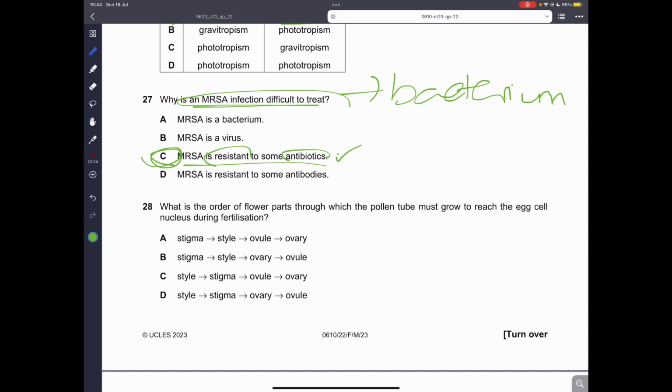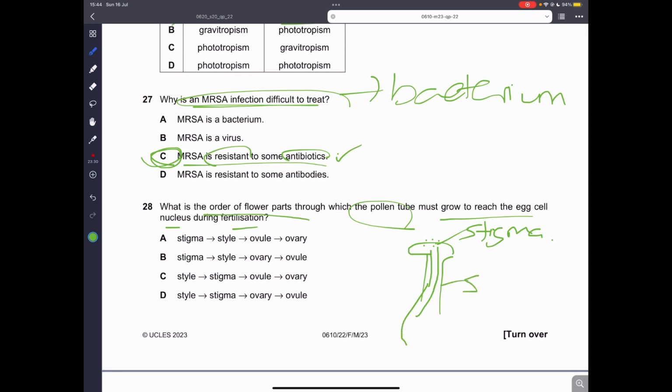Question 28. What is the order of the flower parts through which the pollen tube must grow to reach the axil during fertilization? Well, remember, there is the stigma. The pollen will land on the stigma, and then the pollen tube will grow down the stigma, right?